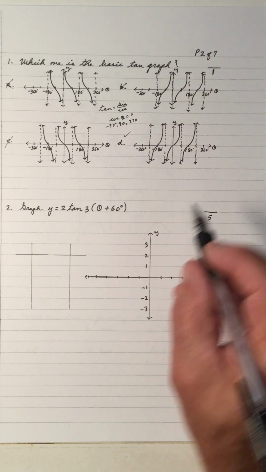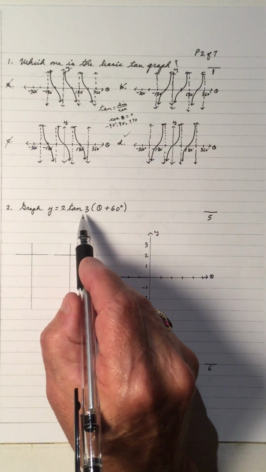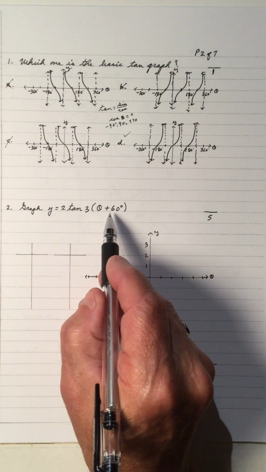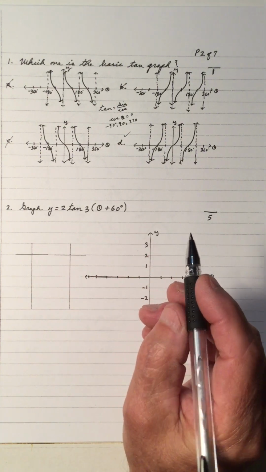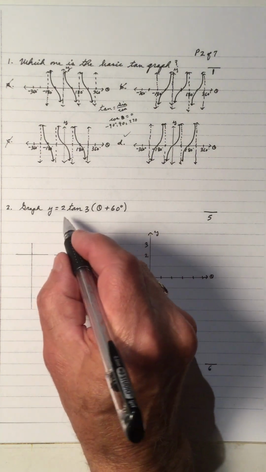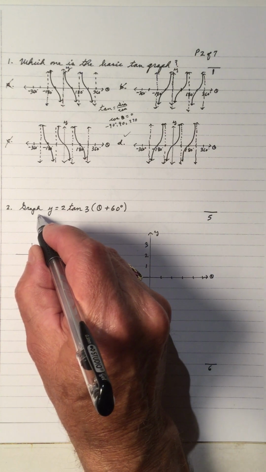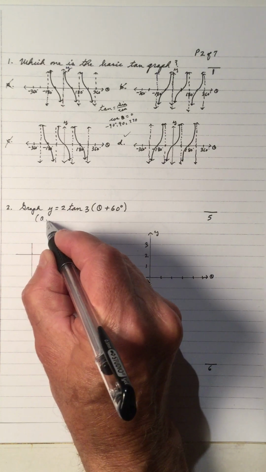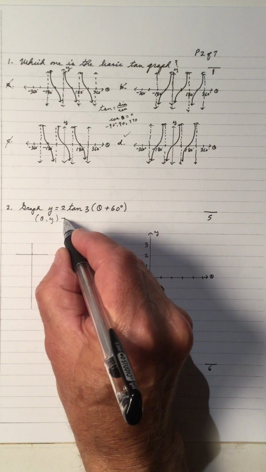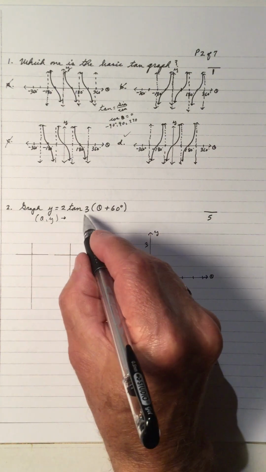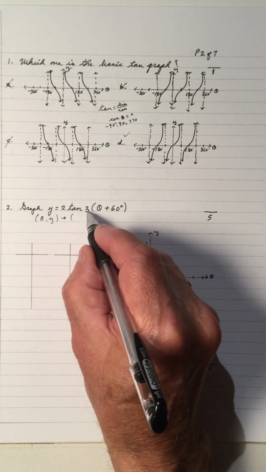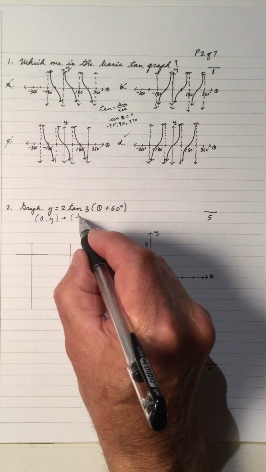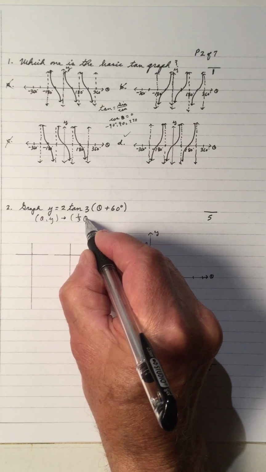Now, let's graph y equals 2 tan 3 times theta plus 60. And we'll graph it in degrees. So to graph, the way I graph is that I use the mapping rule. So there's the basic one. And so the mapping rule here, this is a 3, so it's a 1/3 theta.